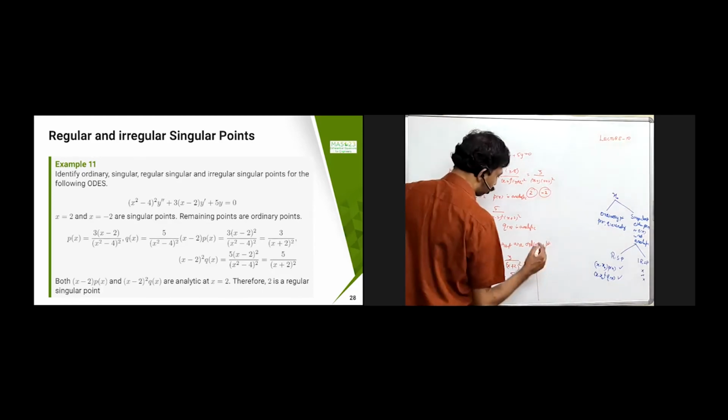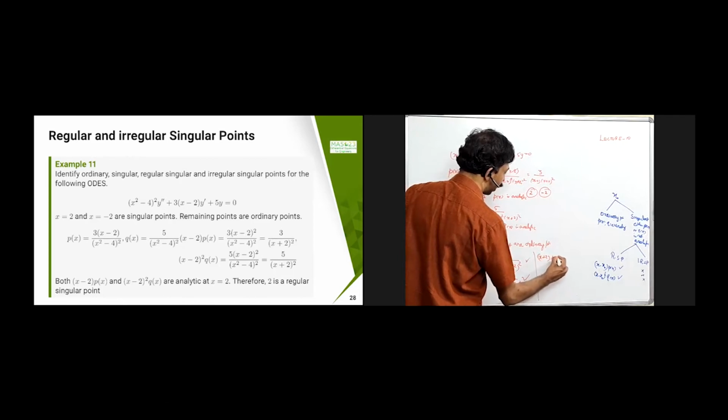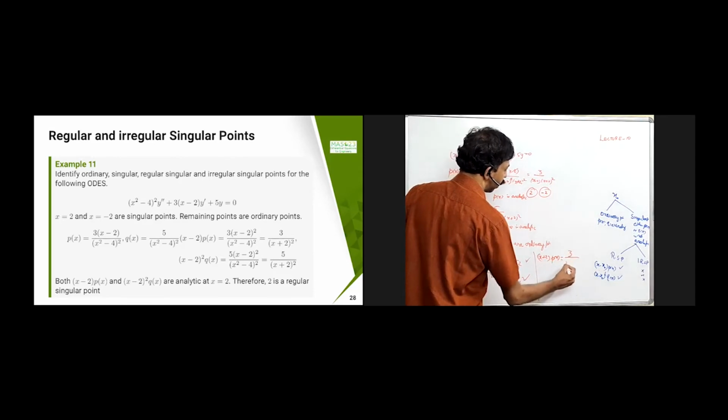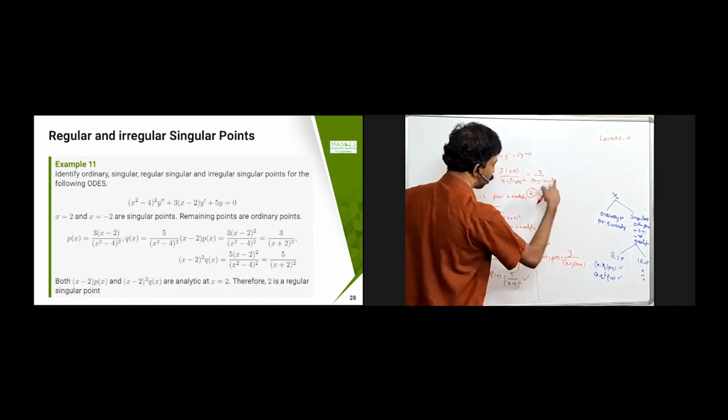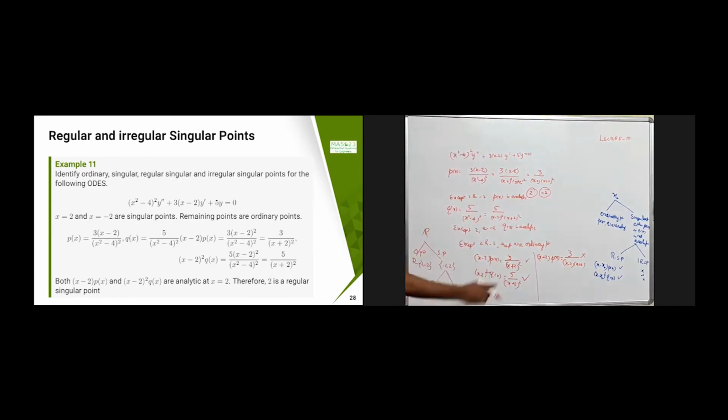Now for x equal to minus 2, I got to check x plus 2 into p of x. That is going to become 3 by (x minus 2) into (x plus 2), because only one (x plus 2) will get cancelled. So if I substitute x equal to minus 2, this is not defined. Therefore minus 2 is an irregular singular point.